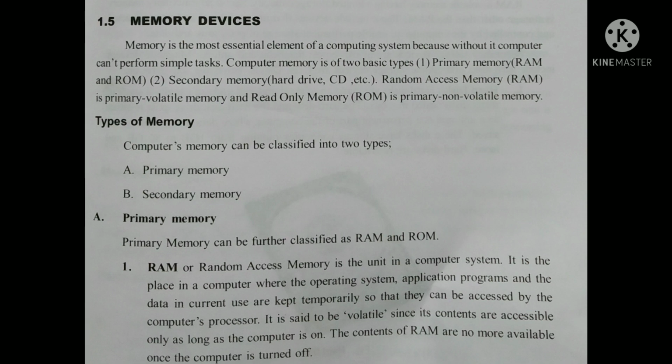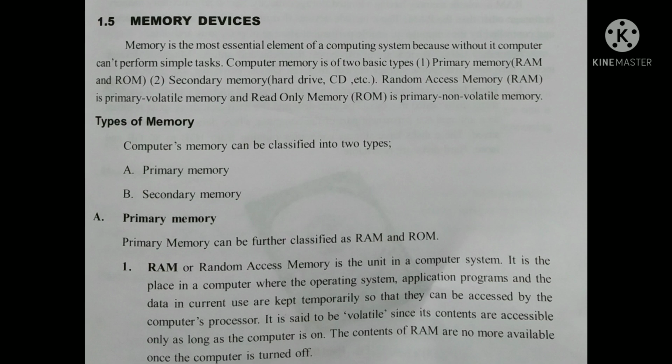Then you can go for secondary memory. RAM is a volatile memory having a limited storage capacity. Secondary auxiliary memory is storage other than RAM.